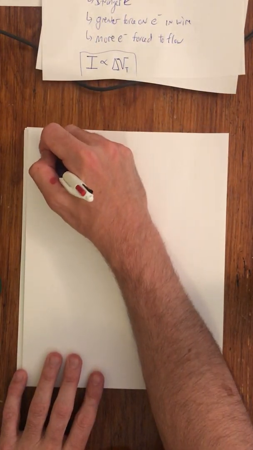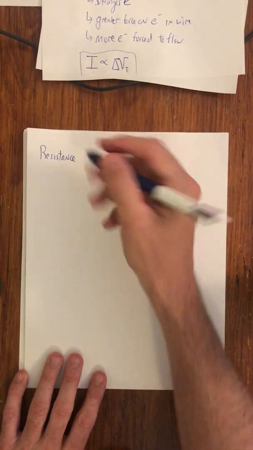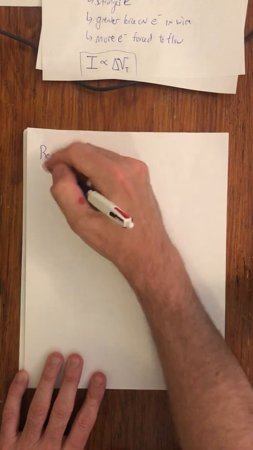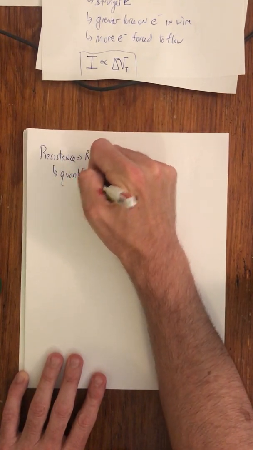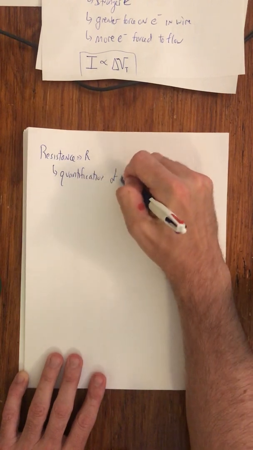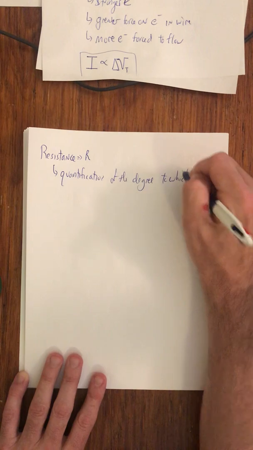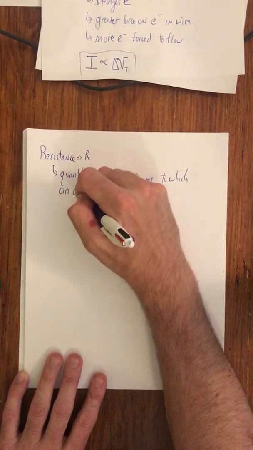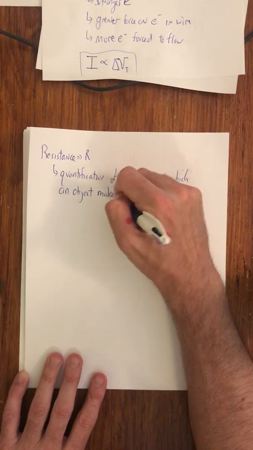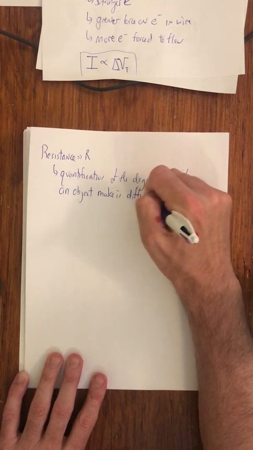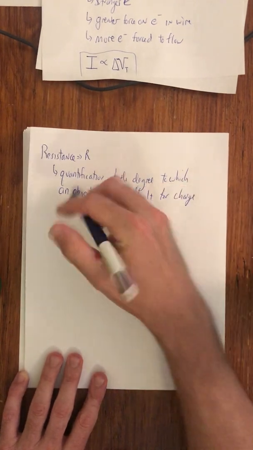So we're going to talk about a concept that is called resistance, capital R. It is a quantification of the degree to which an object makes it difficult for charge to begin flowing.